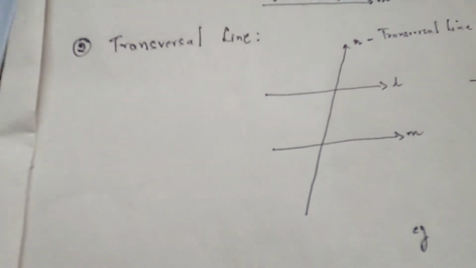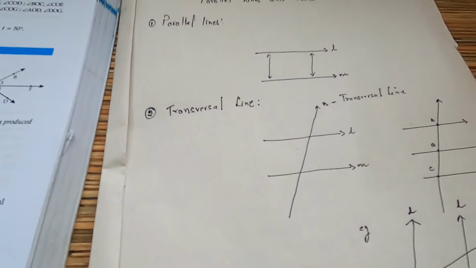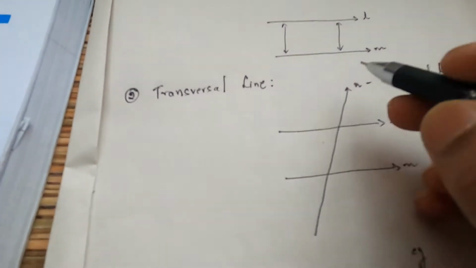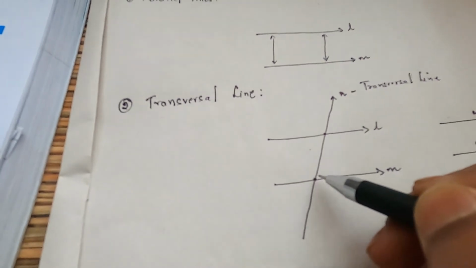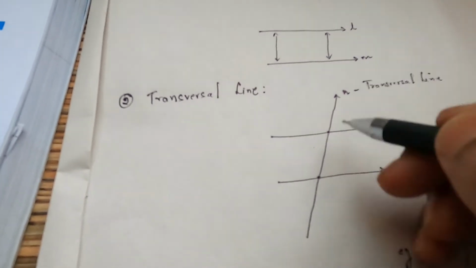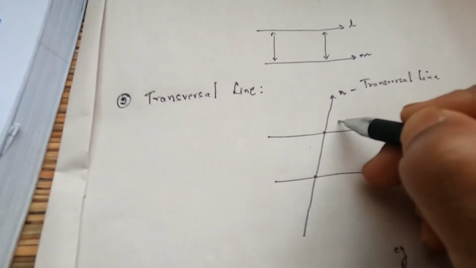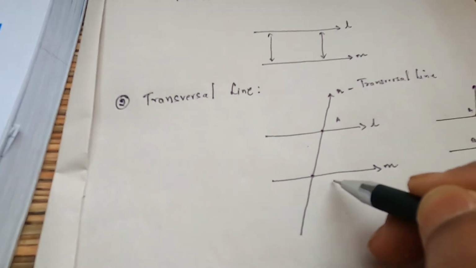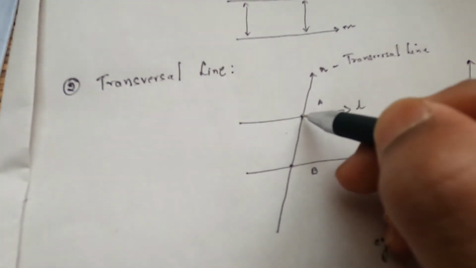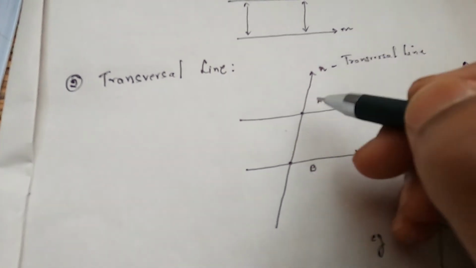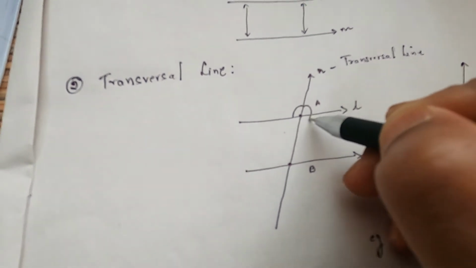Now a very important property of a transversal line is that, as you can see from here, the transversal line meets the two parallel lines, they intersect at 2 points. So let us name this as point A and this is point B. When they meet at this point, angles are being formed.